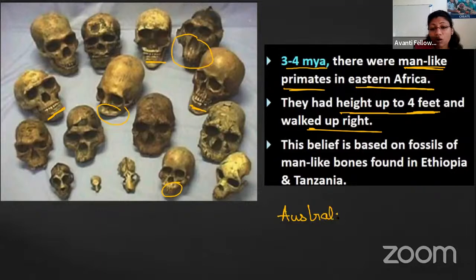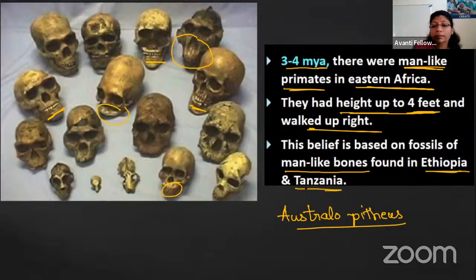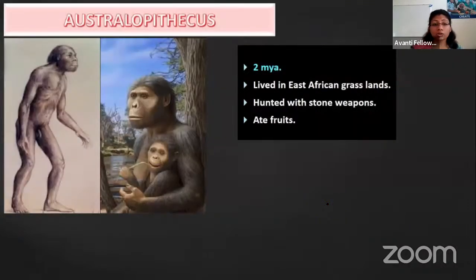These all are the features of Australopithecus. Okay, so the fossils which suggest that they are more man-like were found in Ethiopia and Tanzania. So we can say the Australopithecus fossils were found in Tanzania and Ethiopia.